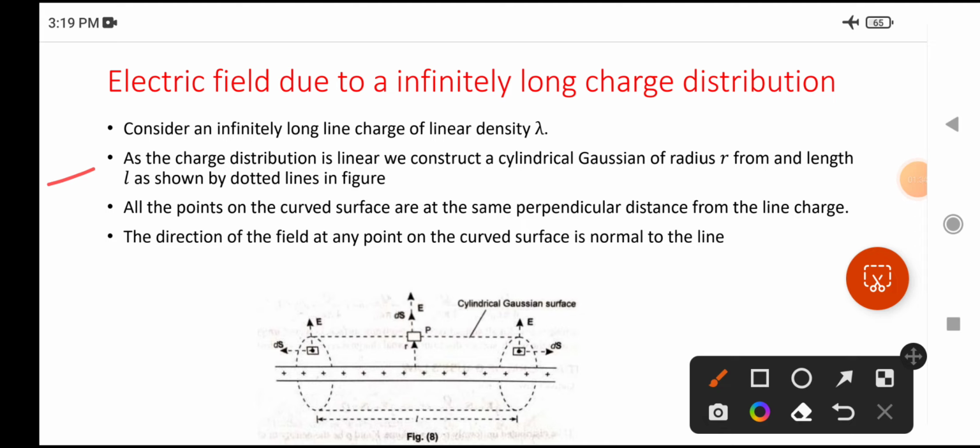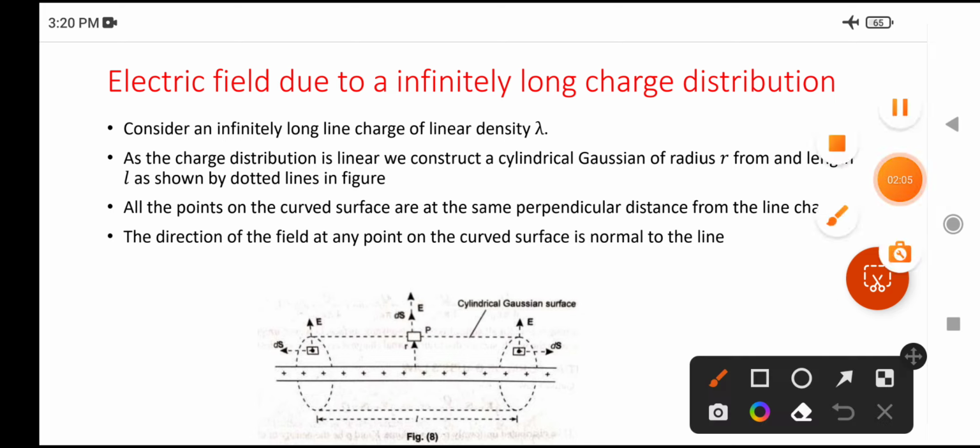Now, as the charge distribution is linear, linear means along a straight line, we construct a cylindrical Gaussian surface, a Gaussian cylinder, of radius small r and length L, as shown by the dotted line in the figure.